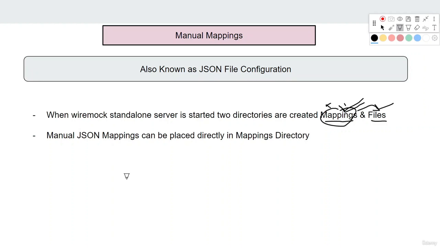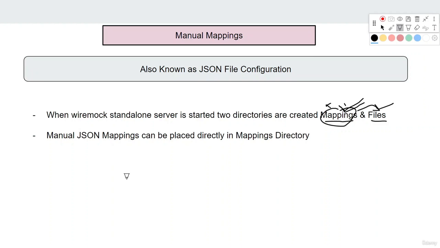Then you can simply get those particular mappings and place them on your Wiremock instance or the server where it is running, right? It might be the case that you are running your instance on the local system and you just need to test how those mappings, which other teams are using, are working. In that case, you can simply paste those mappings in your mappings directory, and you are good to go.